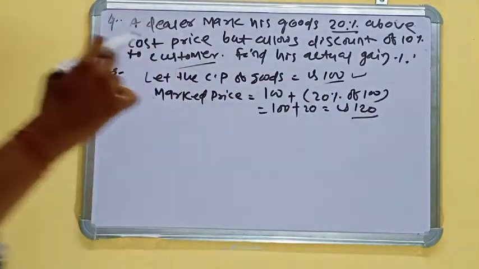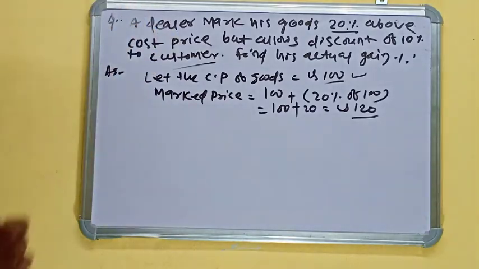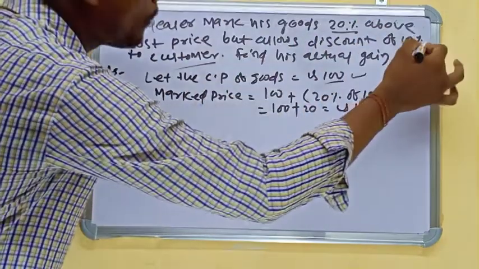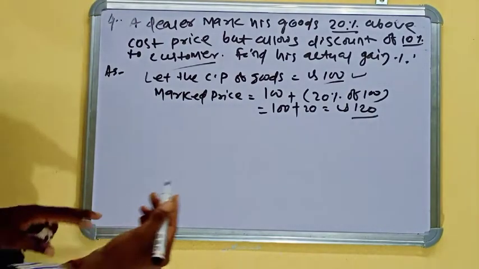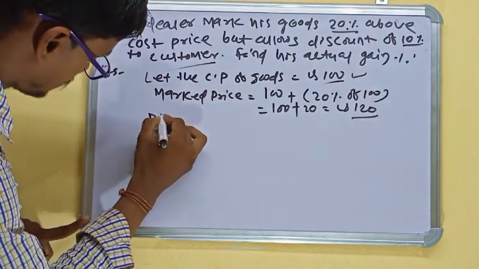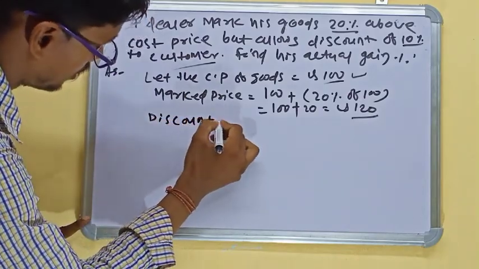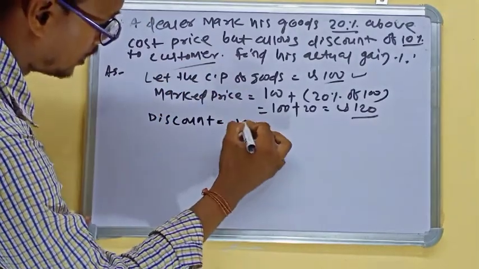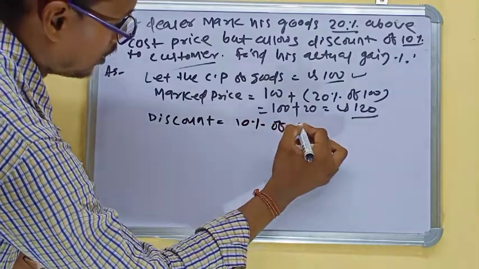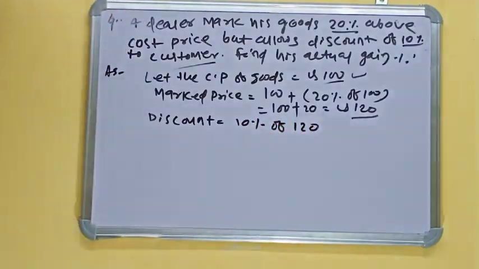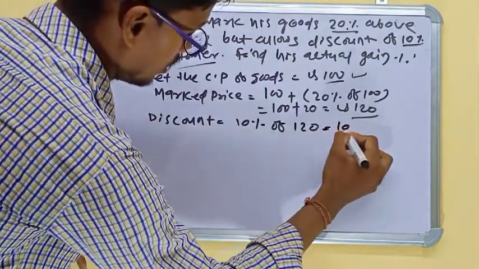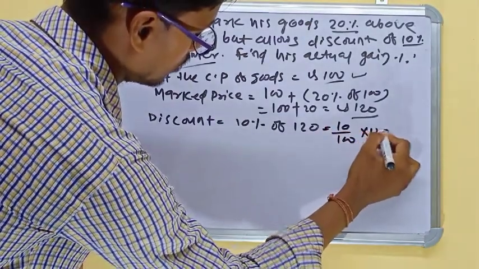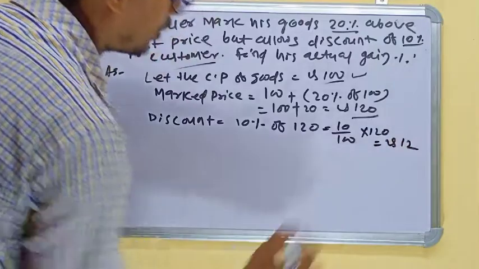The marked price of goods is rupees 120. When he sells the goods to his customer, he allows 10% discount. Then discount is equal to 10% of 120. Then 10 by 100 into 120 is equal to rupees 12.